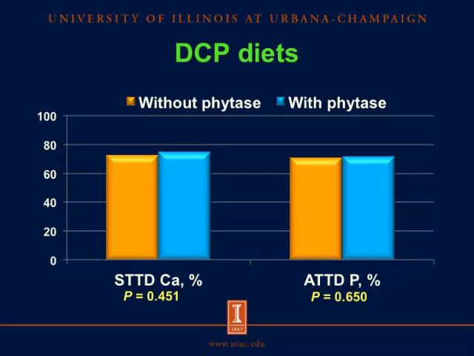For DCP diets, the digestibility of calcium was not affected by phytase, so we have a similar explanation for this product as the MCP diets. However, the digestibility of phosphorus was not affected by phytase, and we don't have an explanation for this observation.